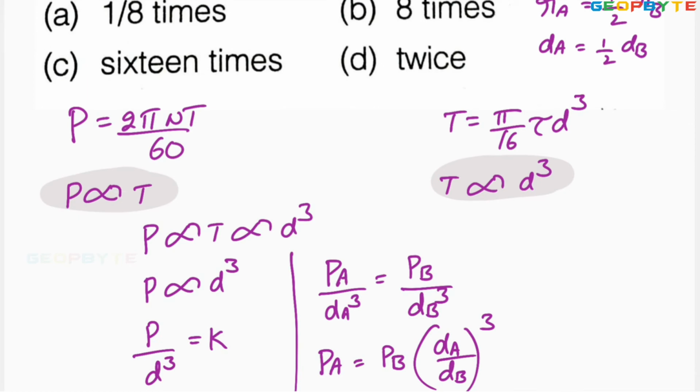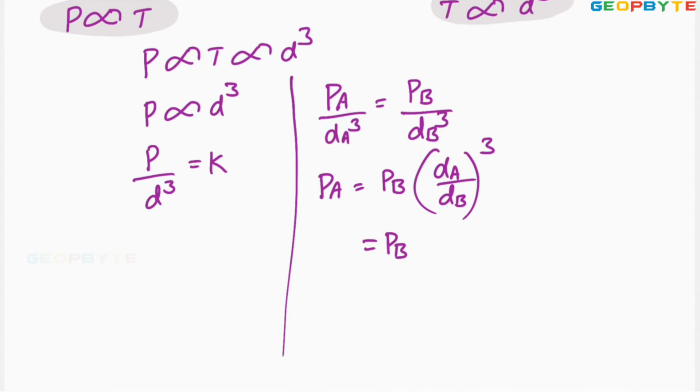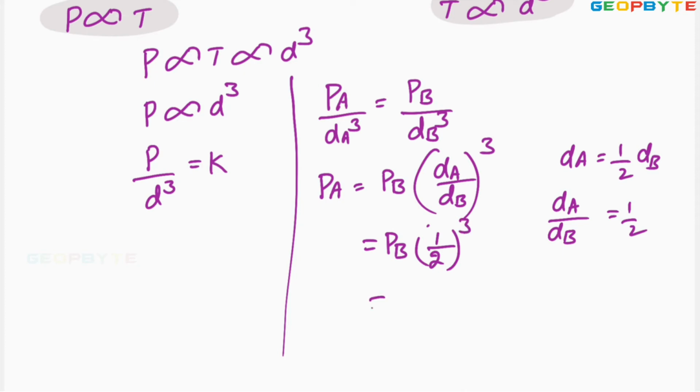Look at the dA by dB. dA by dB equal to half. Since dA equal to half of the dB, I can write that dA by dB equal to half, 1 by 2 whole cube. It is equal to 1 by 8 times the power transmitted by the B. Therefore, power transmitted by the shaft A is 1 by 8 times the power transmitted by B.